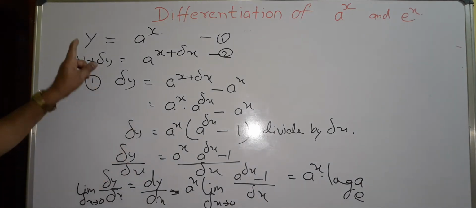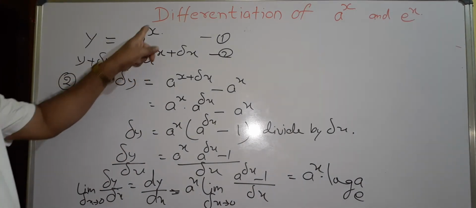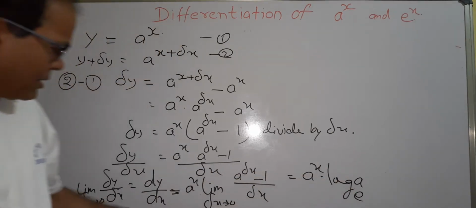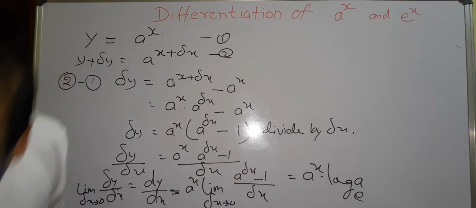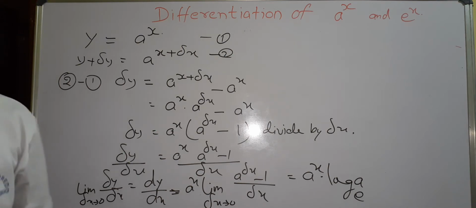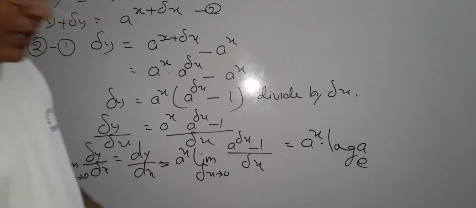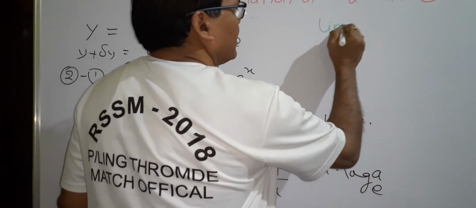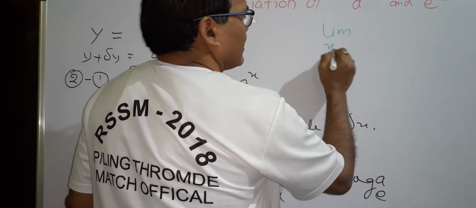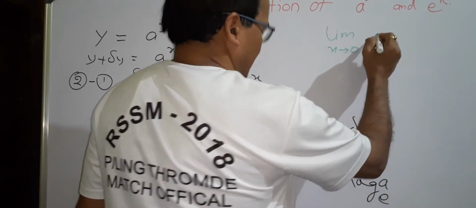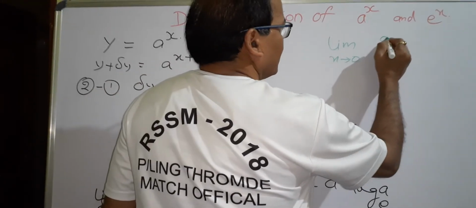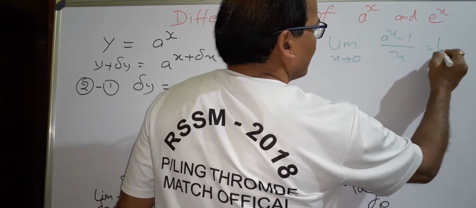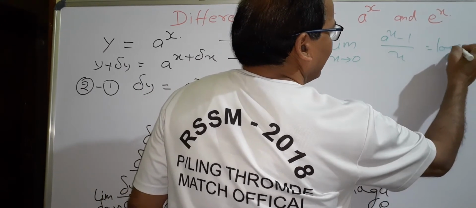This is the formula for the derivative of a to the power x: a to the power x log e a, because there is one rule: limit x tends to 0, a to the power x minus 1 divided by x is equal to log e a.